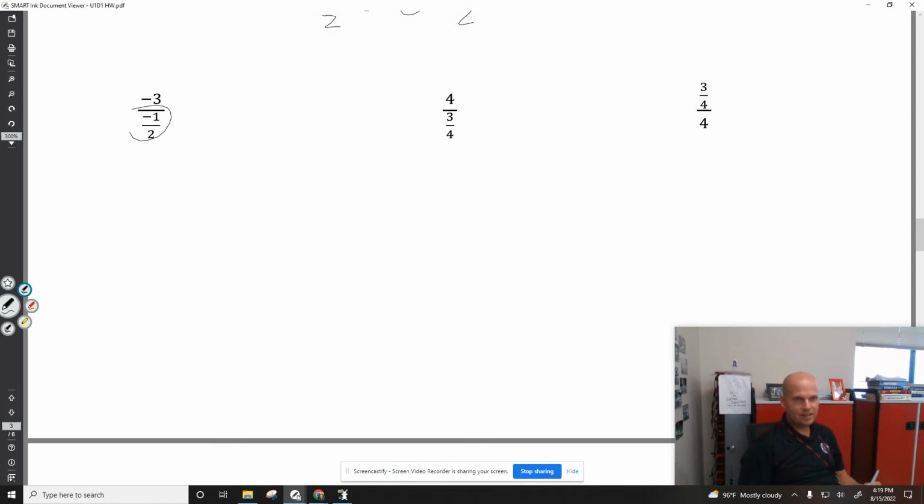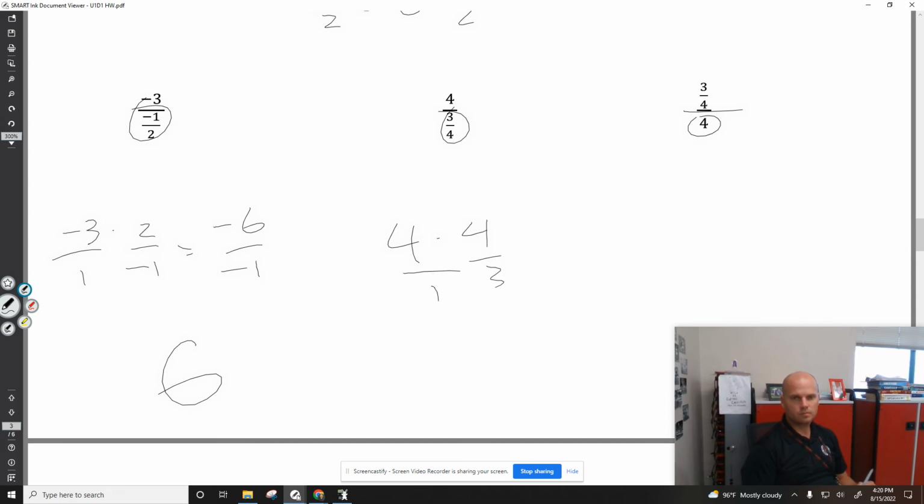Flip this guy. Flip that guy. Flip that guy. That's tough to see, but there it is. -6 over -1. 6. 16/3. This is going to be 3. If I have 3/4, split that into fourths, or like, it ends up just being 3. No, I screwed up. Yeah, I knew I screwed up.